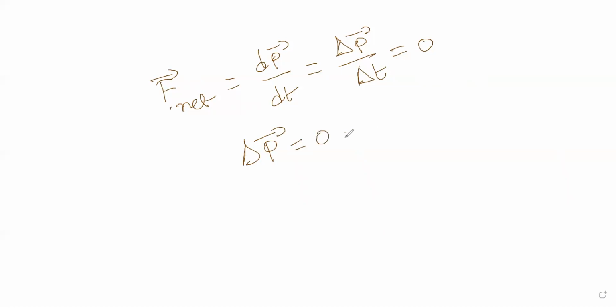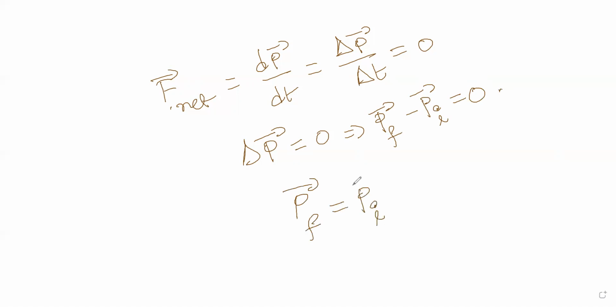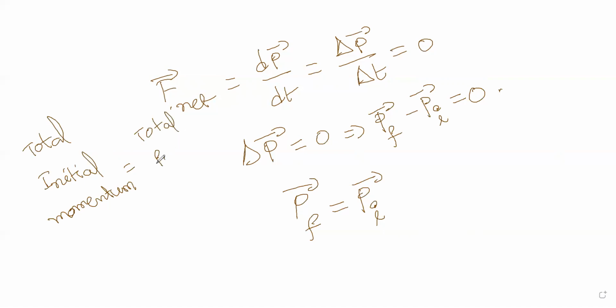What is delta P bar? It is P final minus P initial, that is equal to zero, which means that P bar final is equal to P bar initial. That means we can write total initial momentum is equal to total final momentum.